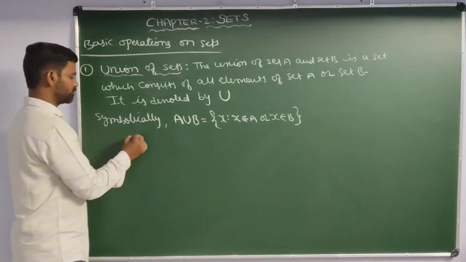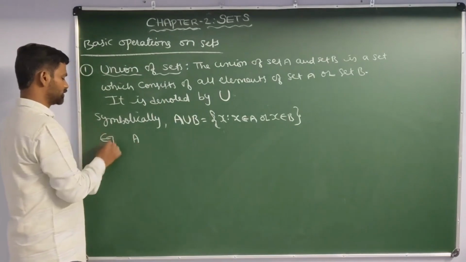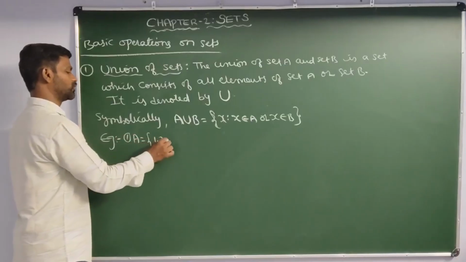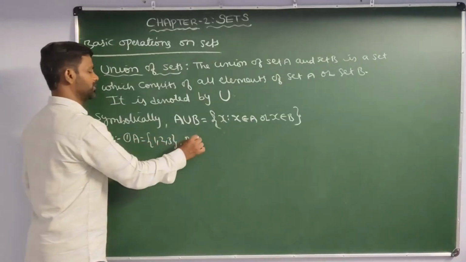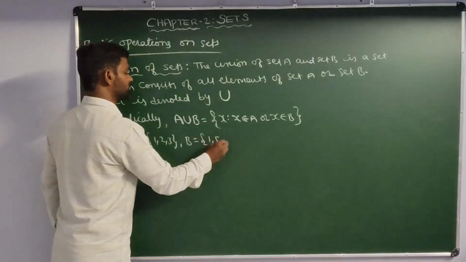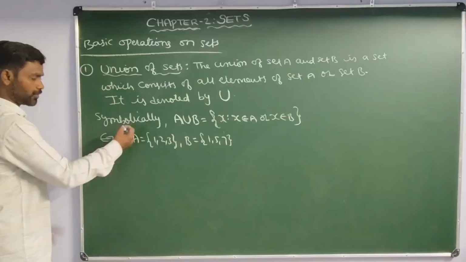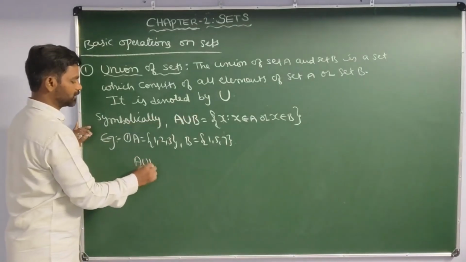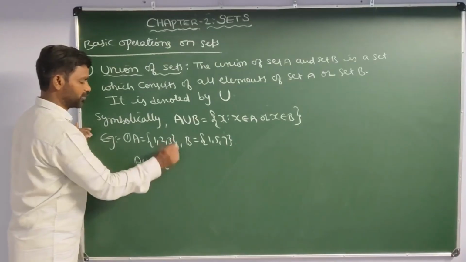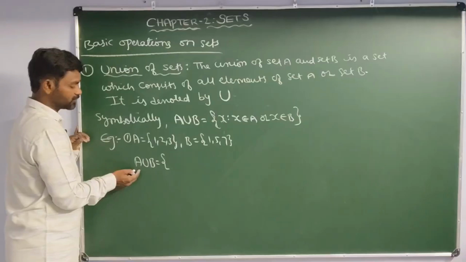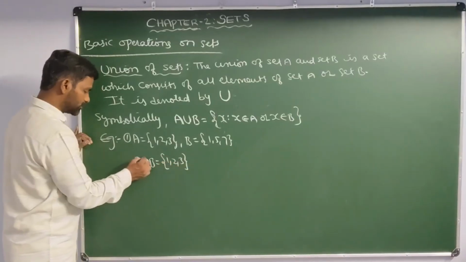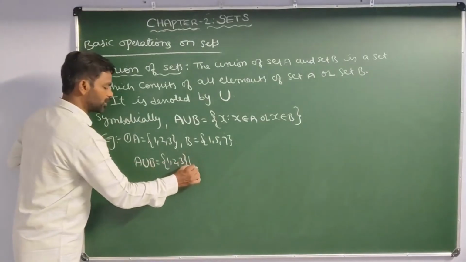So let us take one example. For example, set A is equal to {1, 2, 3} and set B is equal to {1, 5, 7}. Now I want to write this operation, that is A union B. We have to write the elements of set A. What are the elements of set A? 1, 2, 3, and this union symbol you have to write here.